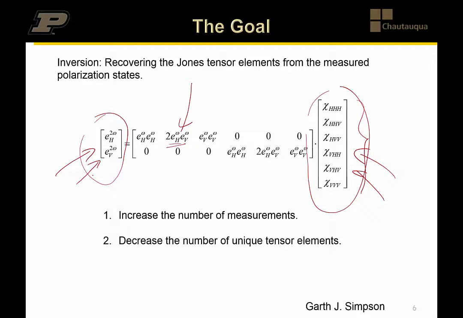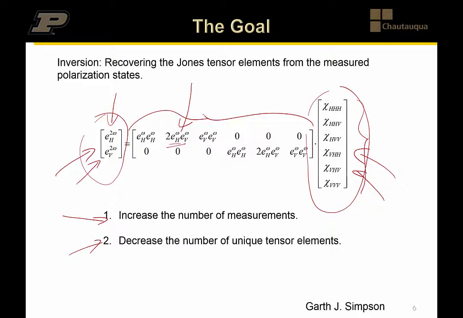So there's 2 strategies. The first, increase the number of measurements. And the second is decrease the number of unique tensor elements. We can increase the number of measurements by recording the polarization state or the Jones vector of the detected beam for multiple different incident polarization states and stack this.